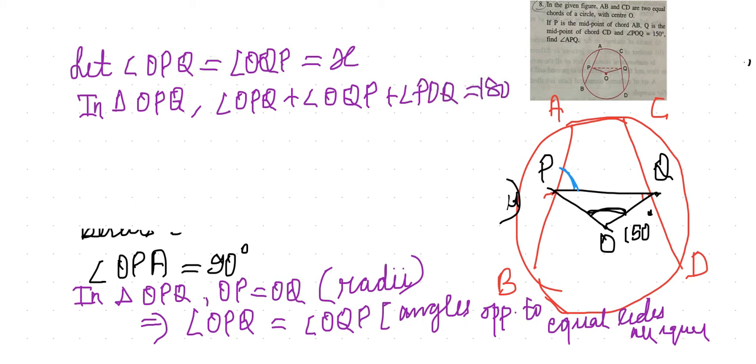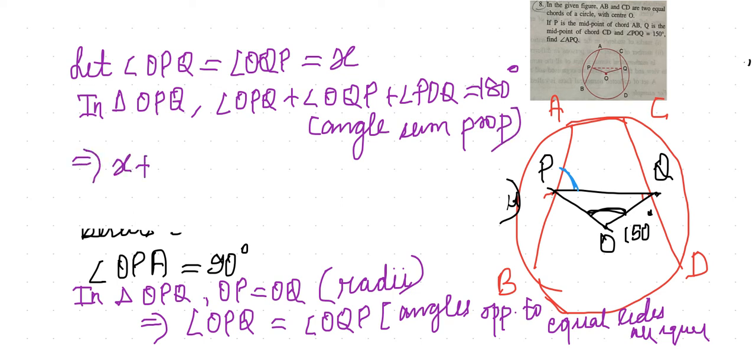This is equal to 180 degrees, and the reason is angle sum property. So with OQP taken as x, x plus x plus POQ, which has been given as 150 degrees, is equal to 180 degrees.